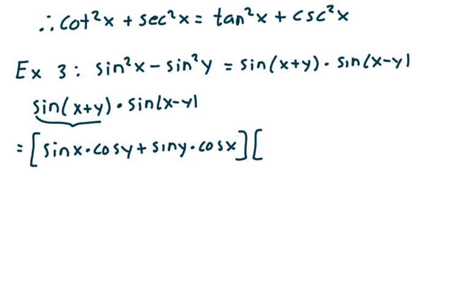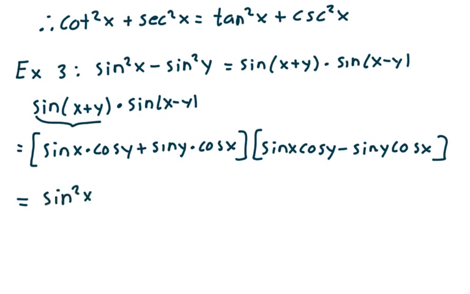The second factor will be sine x cosine y minus sine of y cosine x. Now, when I put this together here, I'm going to get sine squared x cosine squared y.